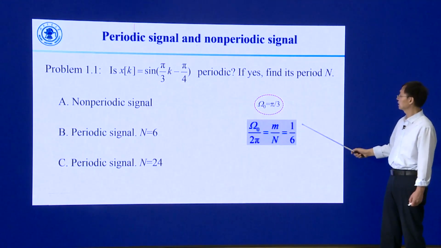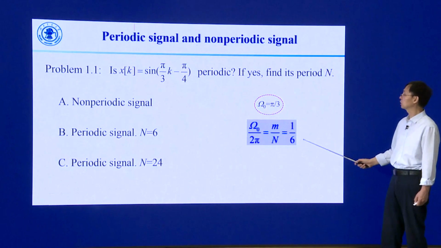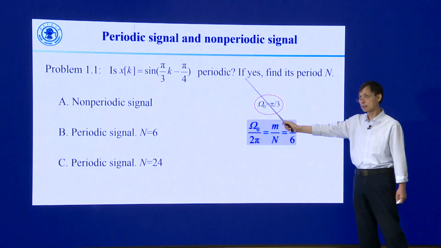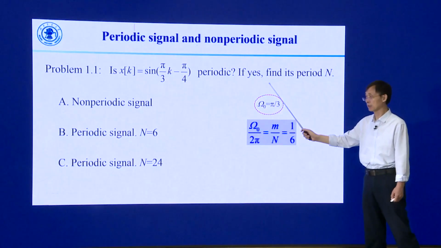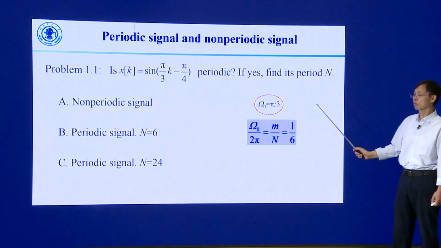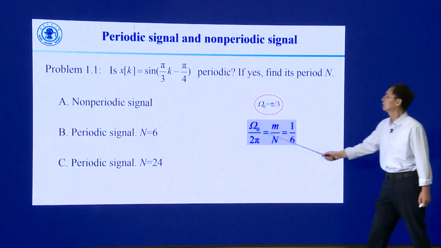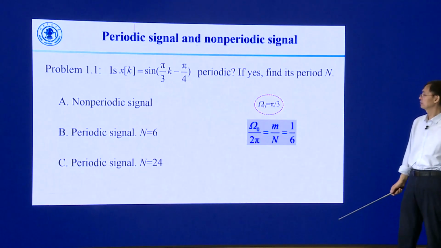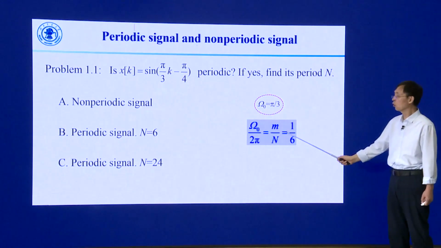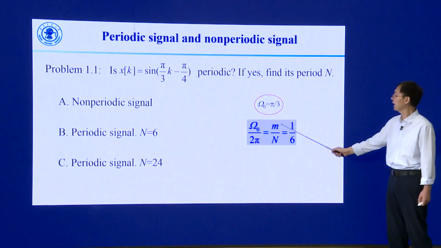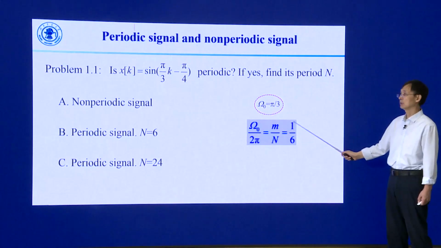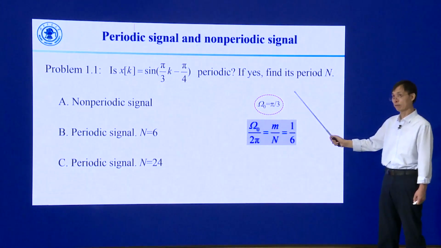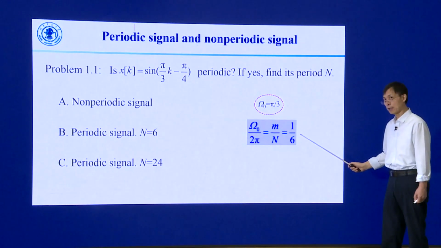Because this is a rational number, this sine function is a periodic signal. Its period equals 6. If there are no common factors between n and m, the period of the sine function equals n.